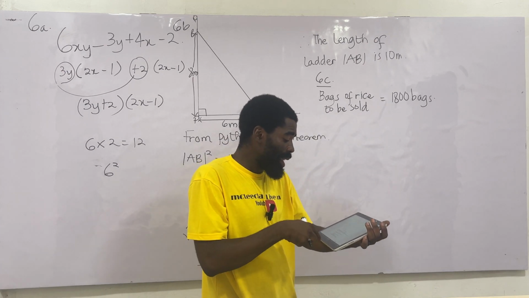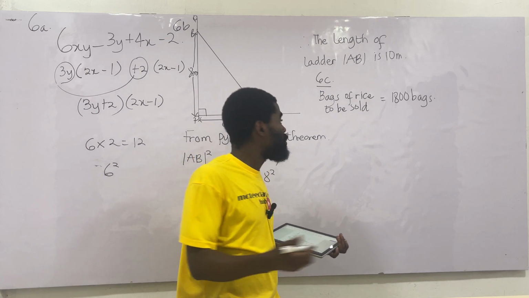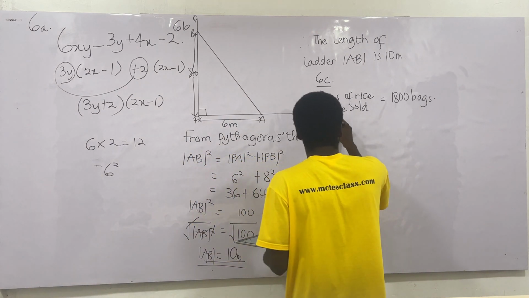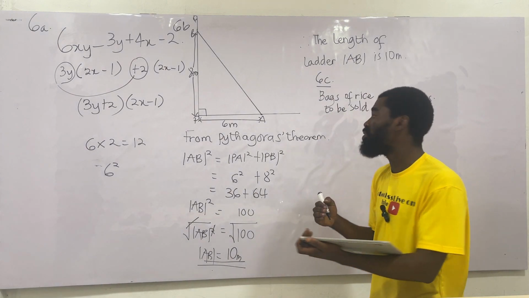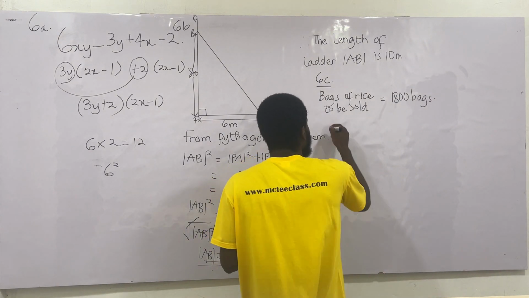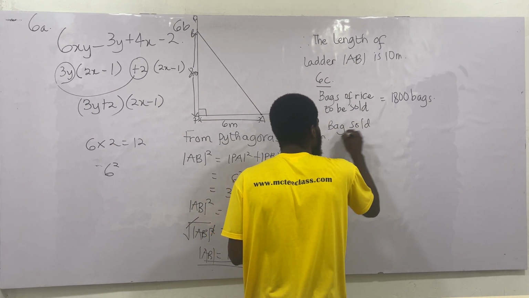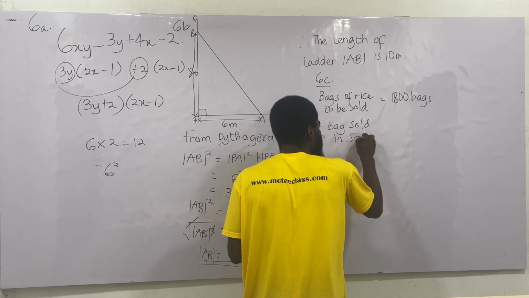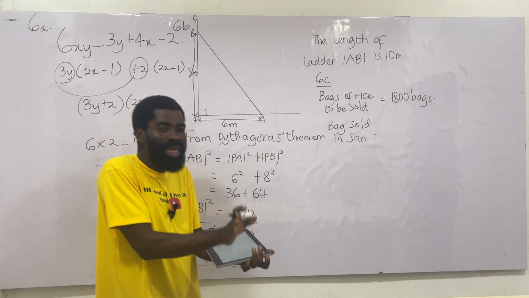So if you tell me that he sold 2/3 of the rice, that's the answer. So I'm going to say bags of rice sold in January. So you see, with reading this to the point, I want to interpret what I have read. That's how the math becomes easy. So I'll just write bags sold in January.